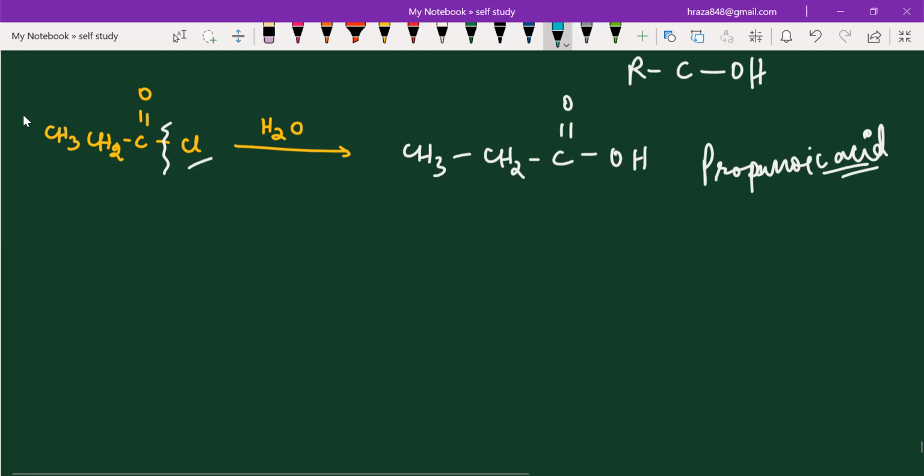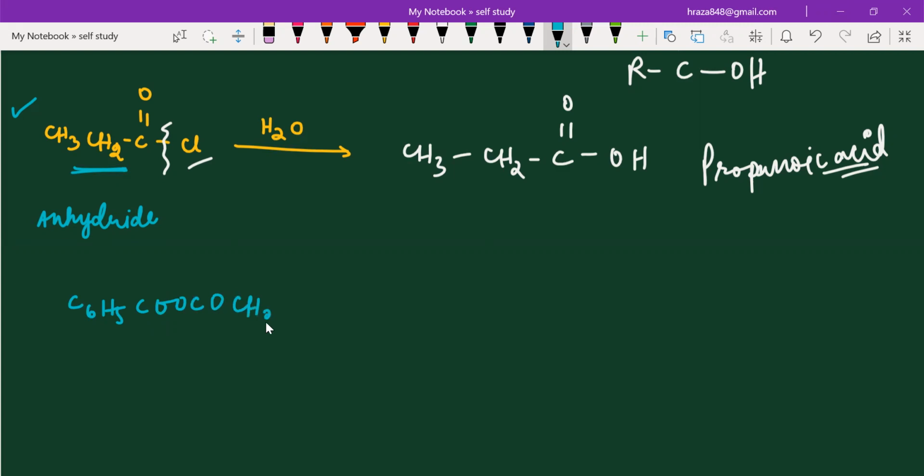Now we just did the preparation of carboxylic acid from acyl chloride. Now we are going to do this with acid anhydride. So if you have C6H5 C double bond O, O, CO CH3 and you are going to do the hydrolysis, what will happen?